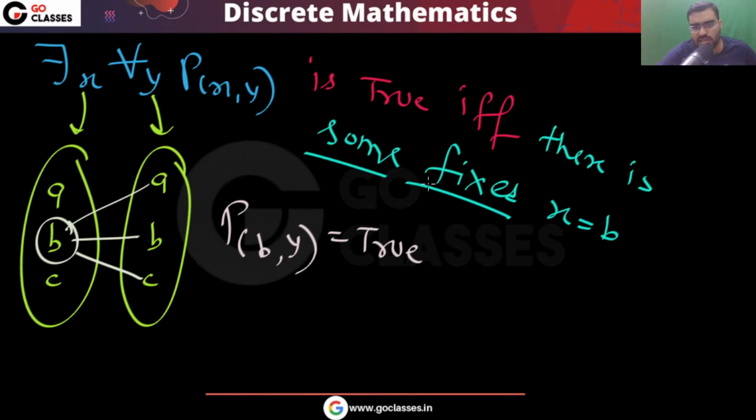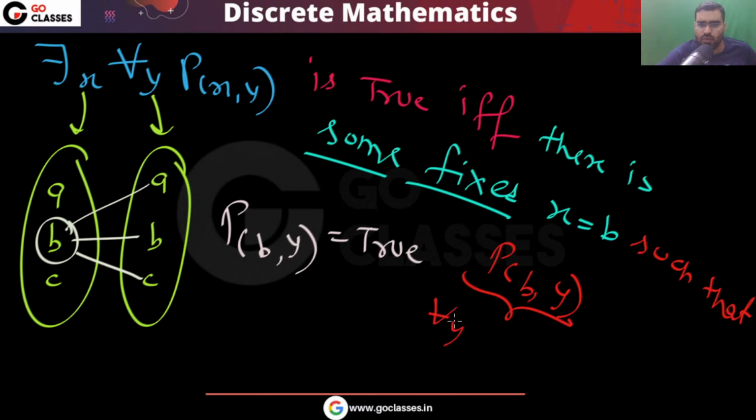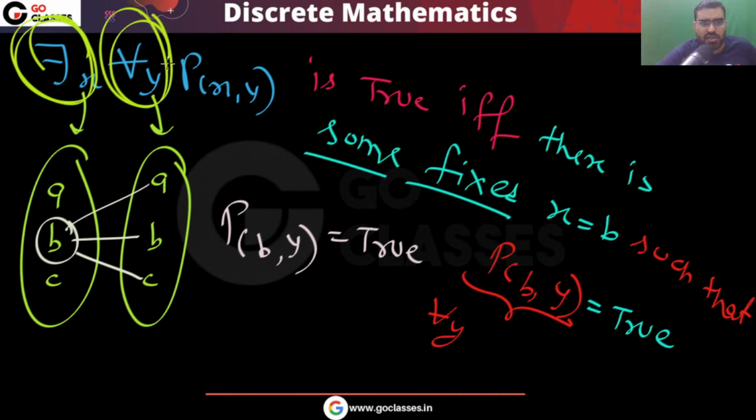Please understand, there is some fixed x equal to b such that P(b, y) is true for all y. Very simple. There is some fixed value such that with this you can take everything, and this P(x, y) must be true.